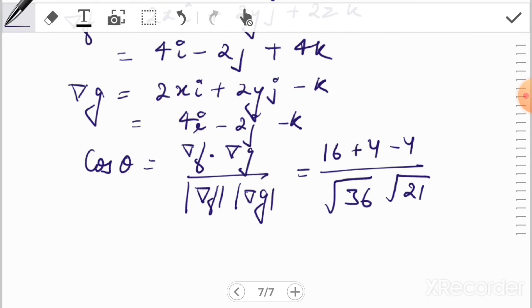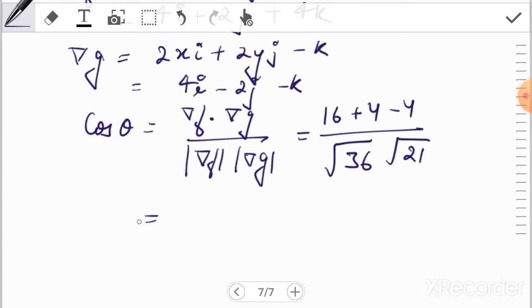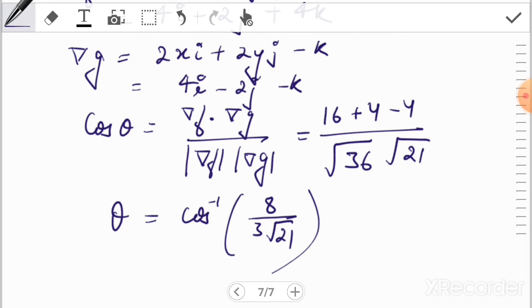So the answer is, this reduces to cos inverse of 8 by 3 root under 21. Okay.